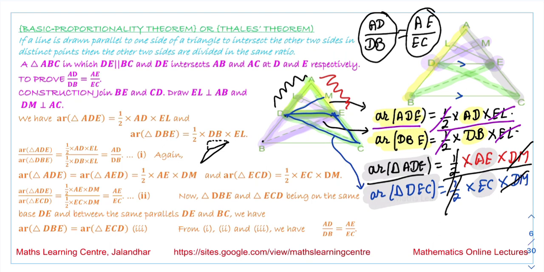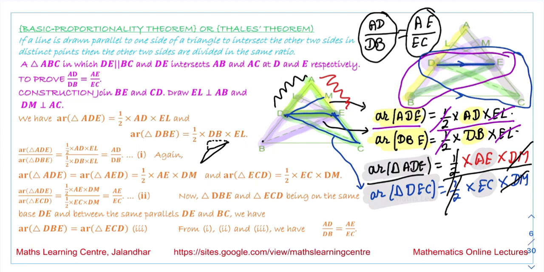Now if we look at these two triangles, the triangle DEB and the second triangle DEC, both these triangles are on the base DE, and they lie between the same parallels DE and BC.